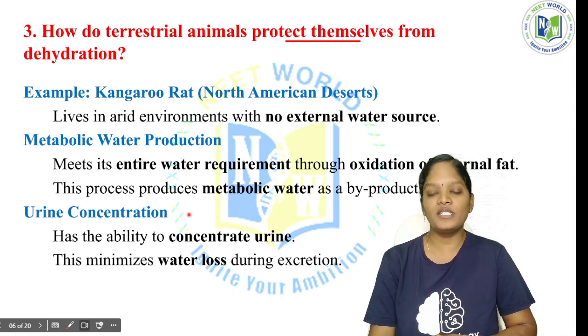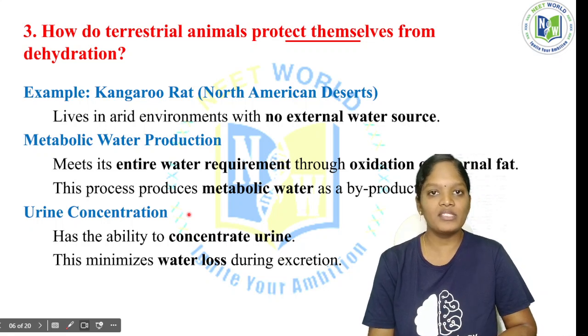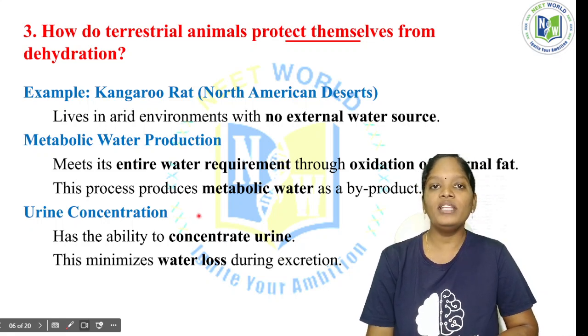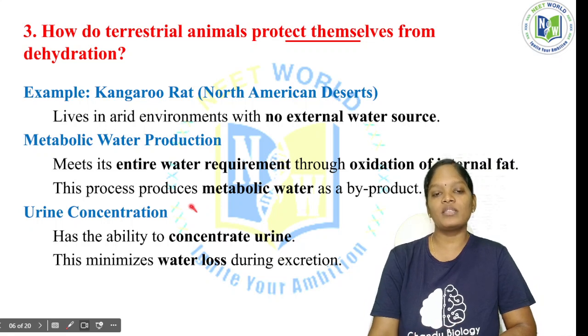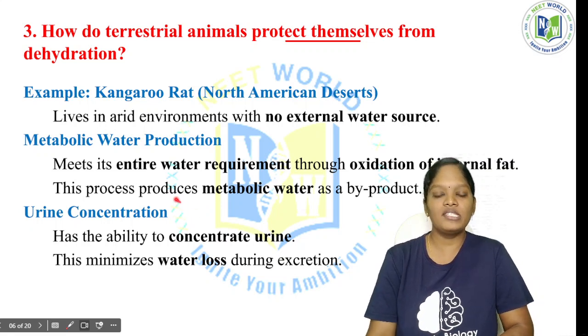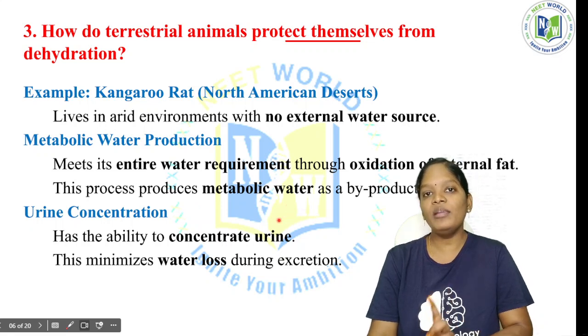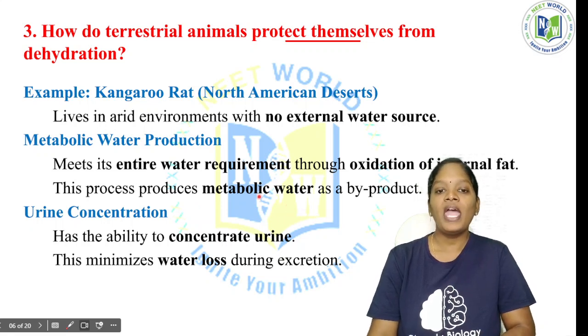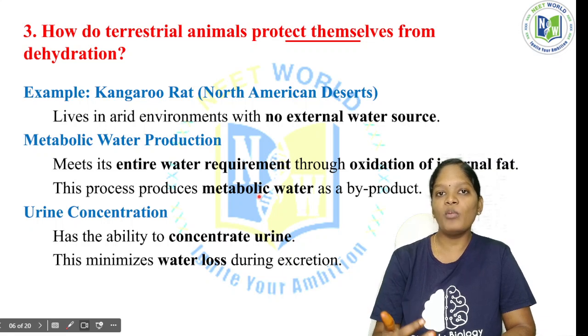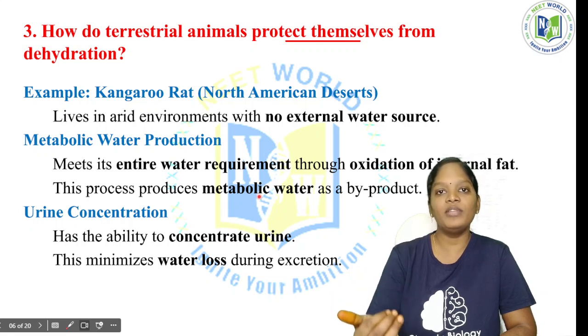I have explained this process in the previous classes: why water is important to eliminate the toxic or waste substances. Just to eliminate the waste, the water should be eliminated from our system. Our body will not allow the remaining extra water to go out, beyond the elimination of the waste.